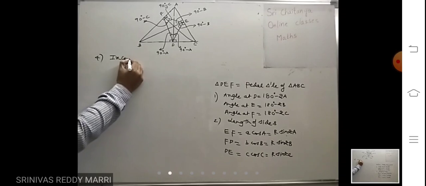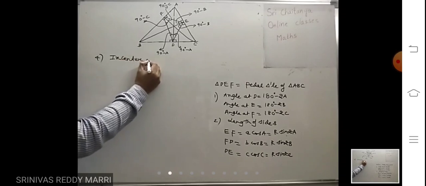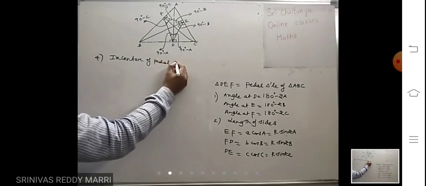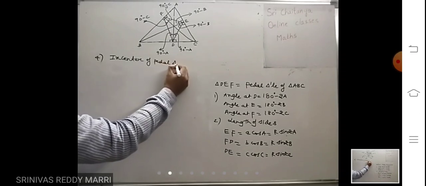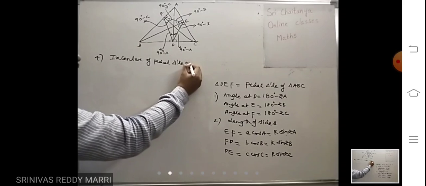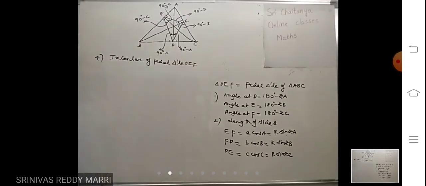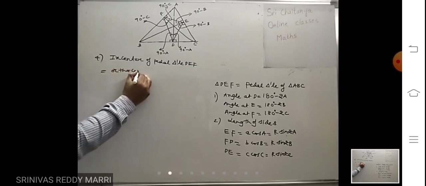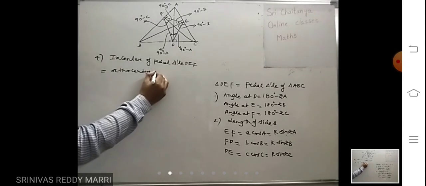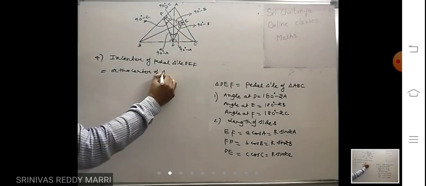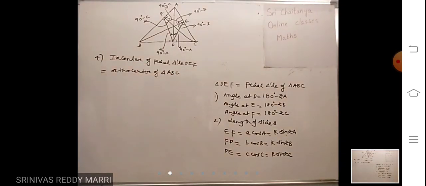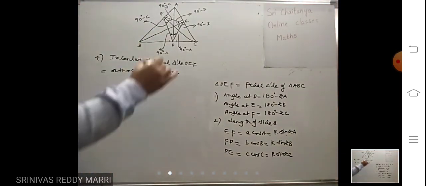The incenter of pedal triangle DEF is equal to the orthocenter of triangle ABC. Look here, in the diagram.